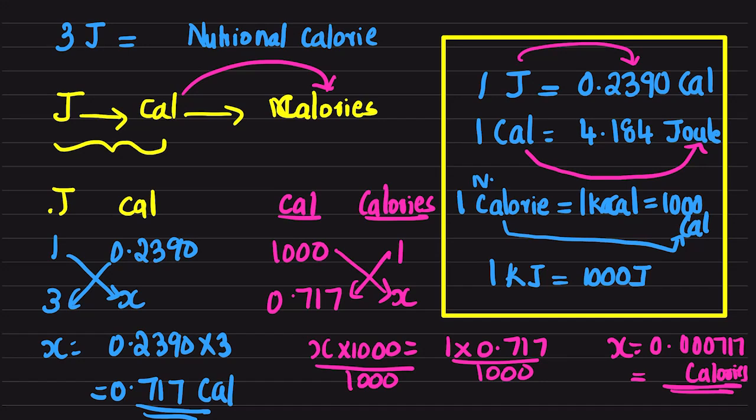So first you convert joule to cal. 1 joule equals 0.2390 cal, so 3 joule equals how much? Cross multiply, you get the answer. After that, you need to convert cal to calories. We have the relation 1 calorie equals 1000 cal. So 0.717 cal equals how much? You will get the answer.